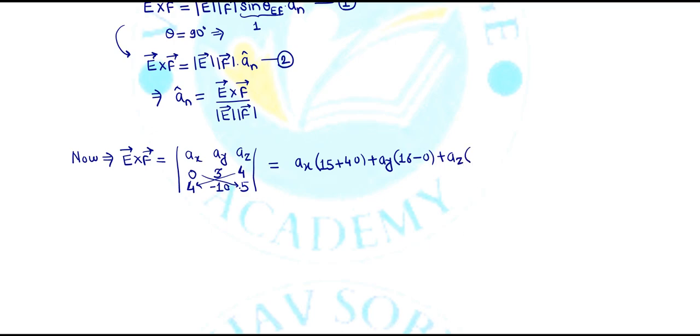For AZ, we have 0 into 10, which is 0, minus 4 into 3, so that will be minus 12.